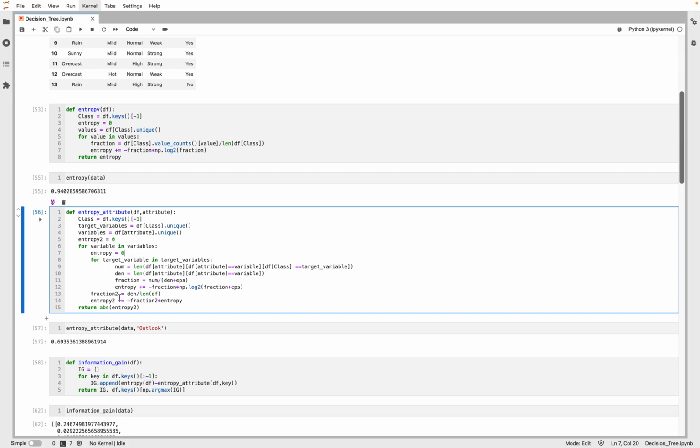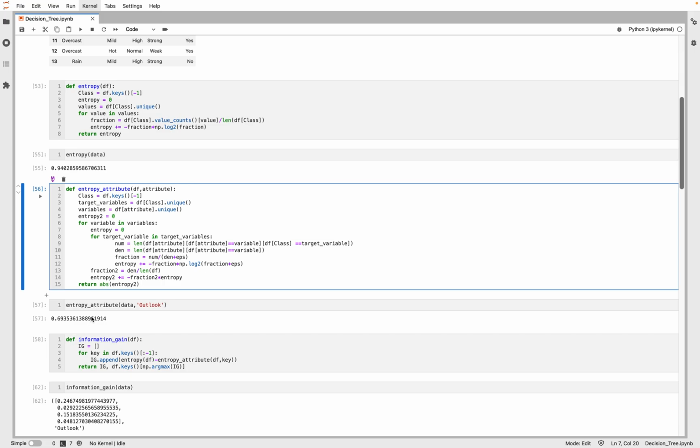Then we have another for loop to do the weighted sum. So this will give us the entropy of the attribute. So for example, if you want to compute the entropy for the attribute outlook, we'll get 0.69. And we need to do this for all the features: outlook, temperature, humidity, and wind.